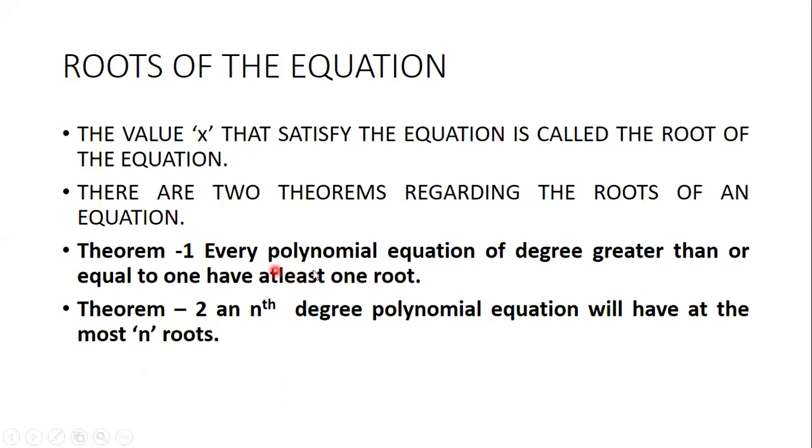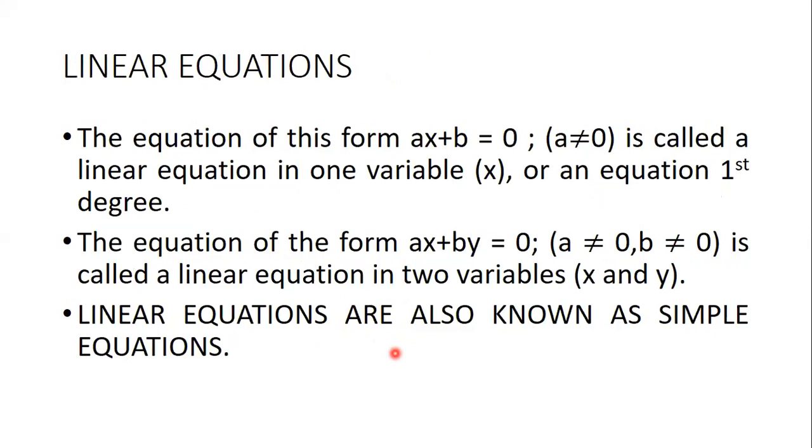Okay, and we also saw two theorems. Every polynomial equation of degree greater than or equal to 1 has at least one root. So at least one root x will be present where we are supposed to solve for x. And an nth degree polynomial equation will have at most n roots. The highest power will be the number of roots that we see.